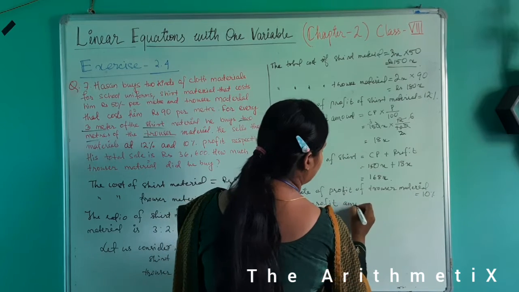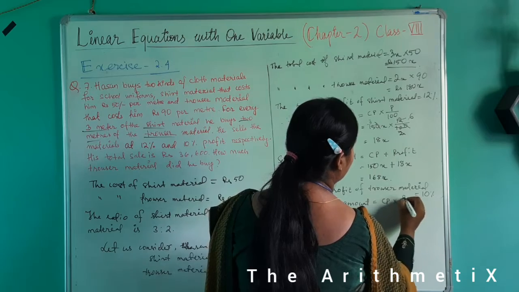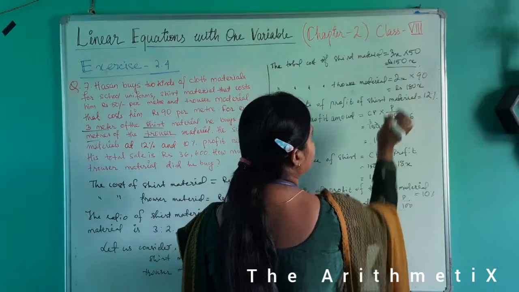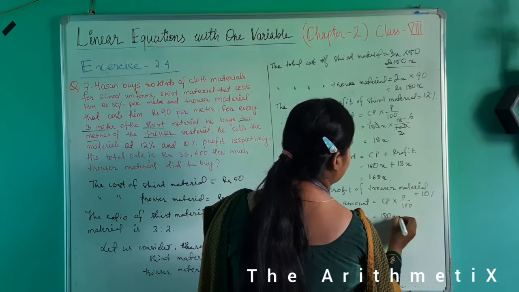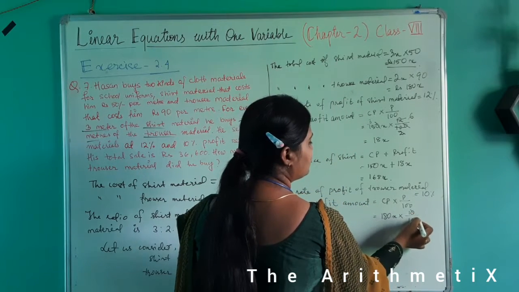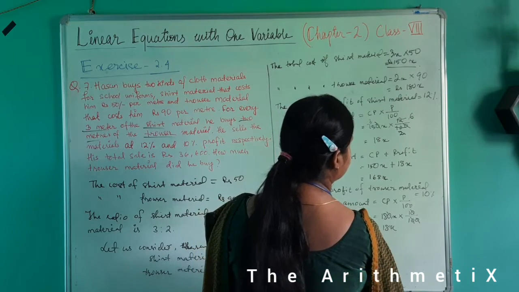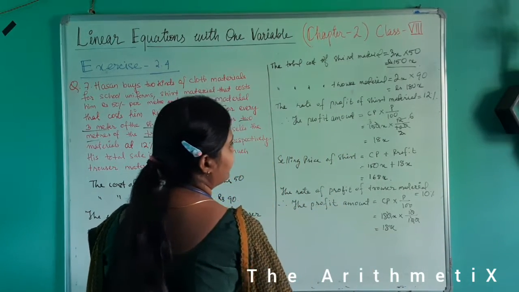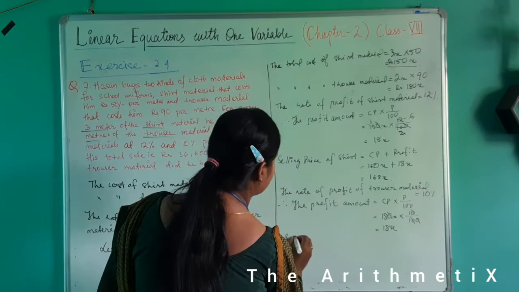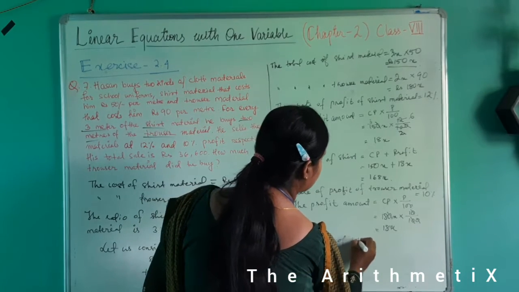The profit amount is CP into profit by 100. So CP for trouser is 180x into 10 divided by 100. So zeros are cancelled. This is 18x.